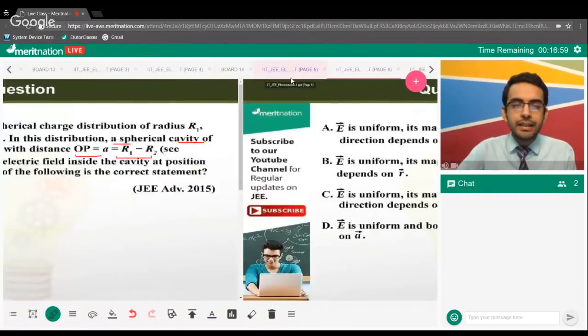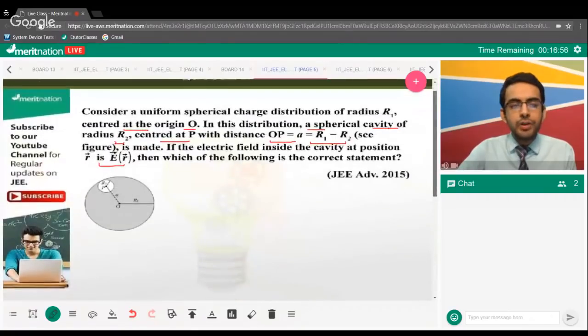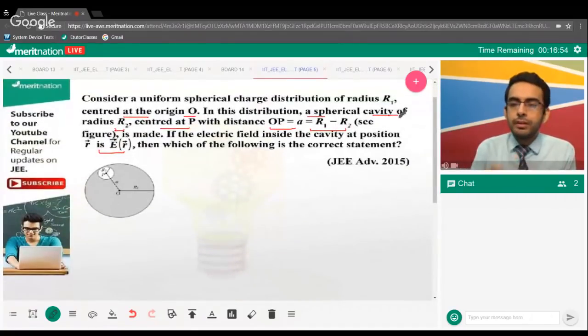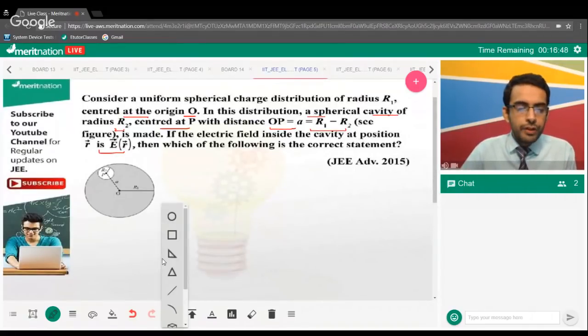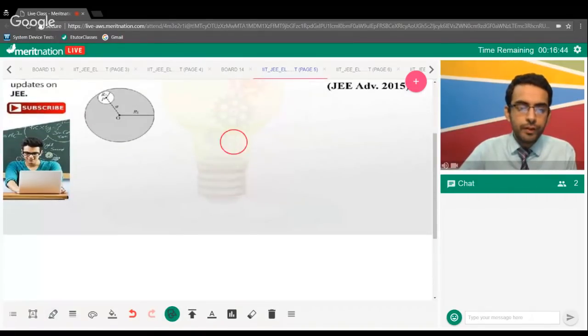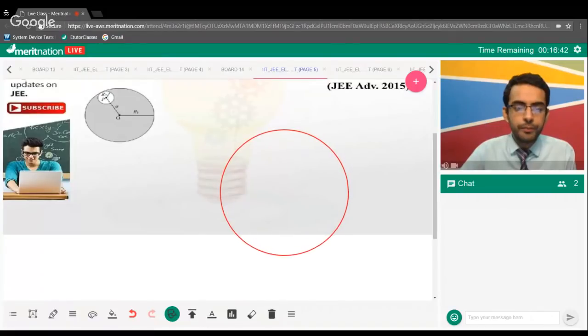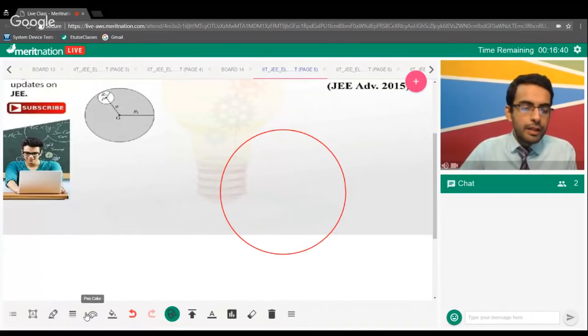Next, students, first of all, you should know how to find the electric field in such a configuration of charges. So first of all, let's take a solid sphere.